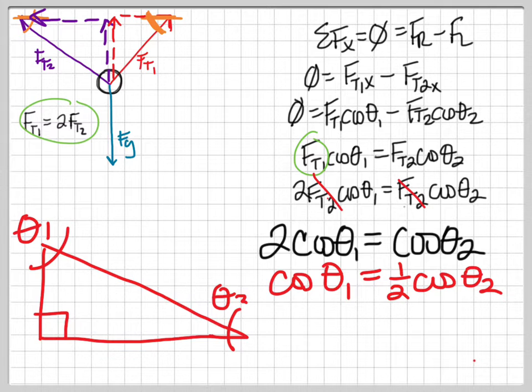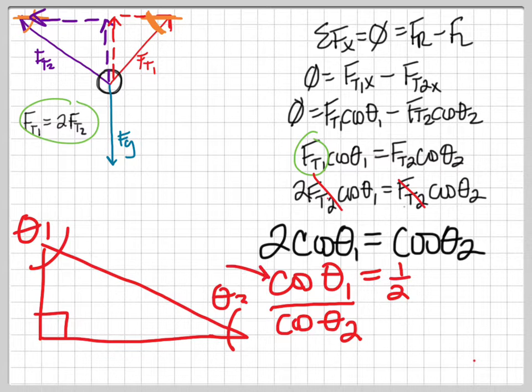So if we divide both sides by cosine theta 2, can we put this in terms of theta 2? Oh wait, cosine of theta 1 is the adjacent divided by the hypotenuse.